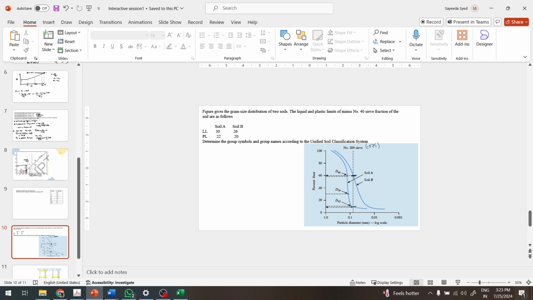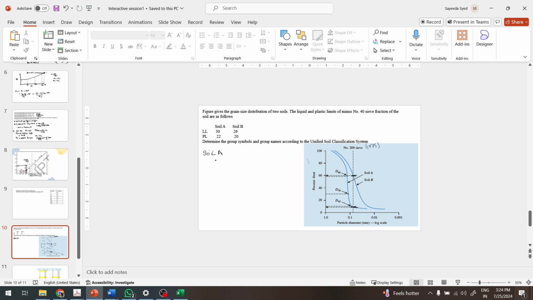So we write here for soil A, if we see sieve number, so this is coarse grained soil because only 10% is passing, which means 80% to 90% is retained on this.